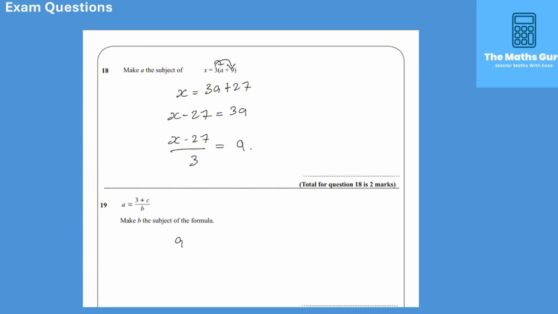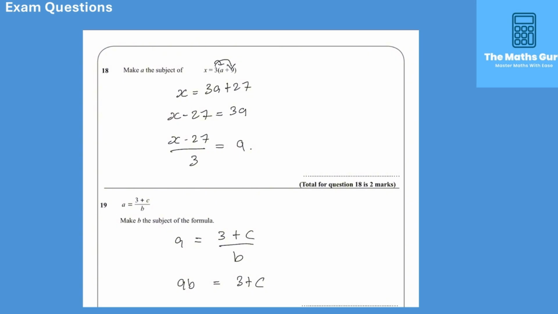Looking at this one, we have a equals 3 plus c over b. Remember, we always like to get rid of our fractions, especially when we need to make a variable the subject of the formula when that variable is involved in the fraction. So timesing both sides by b, we're going to get ab is equal to 3 plus c.